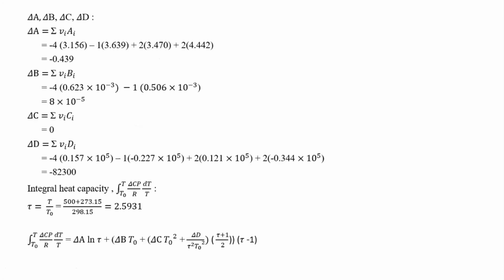Okay, after that we need to find the values of total A, B, C, and D. For example, total A is equal to the summation of the stoichiometric coefficient for each species multiplied with the value of A for each species. I will show you how to calculate it from the table.